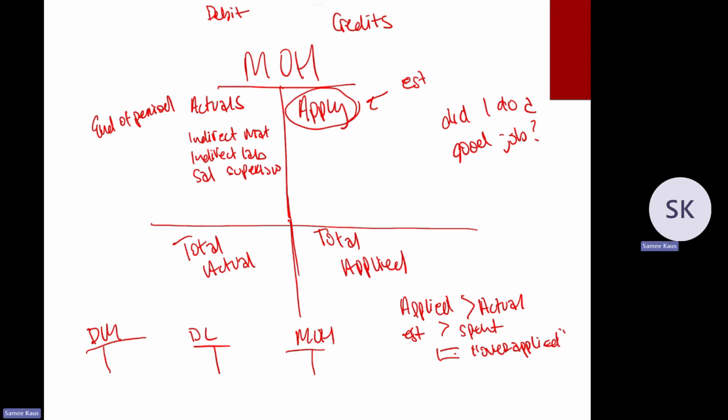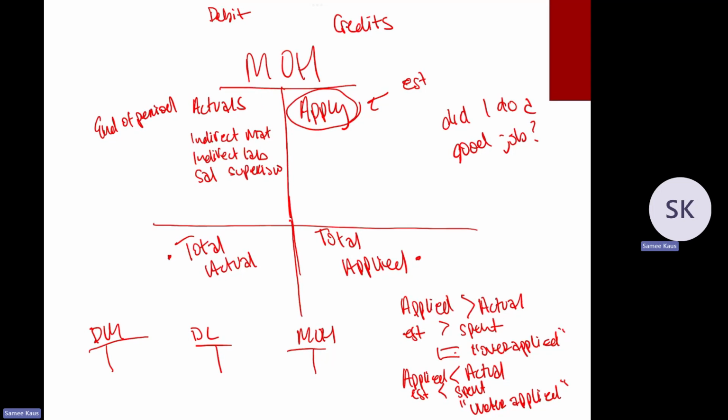I estimated or I applied more than I actually spent, so I over applied. But what if my applied is less than my actual? So I estimated less than I spent. Well, hey, I under budgeted or I under applied. Okay. So we just have to keep track of what did I think was going to happen versus what actually happened. And what did that tell me? How good of a job did I do?